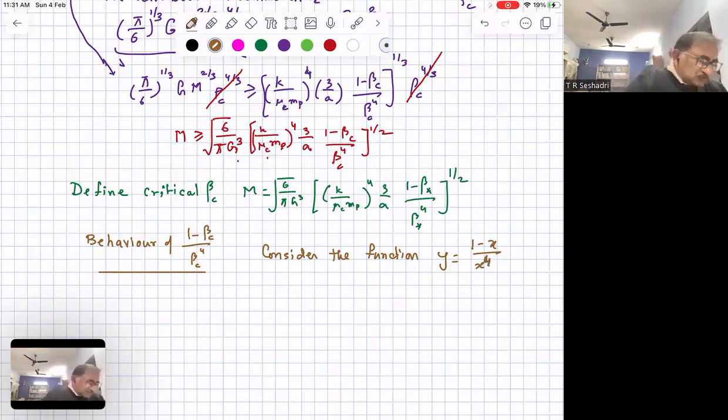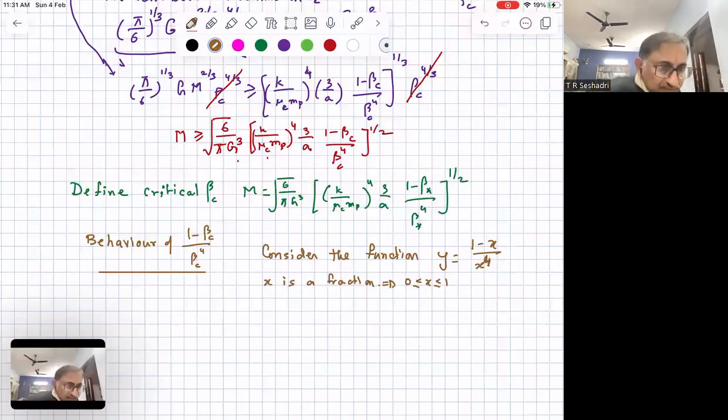We plot this. First of all, x is a fraction, which implies 0 is less than or equal to x is less than or equal to 1. So the range of x is 0 to 1.